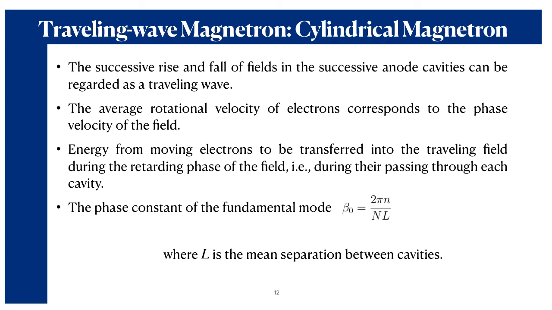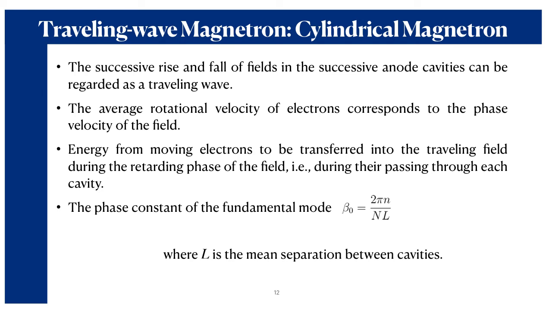Now, in this case, I have demonstrated the way to design the magnetron oscillator, but if you want to design the magnetron amplifier, then the energy from the moving electron must be transferred into the traveling field during the returning phase of the field, because in all of my previous discussion regarding the klystron and reflex klystron, we have seen that during the returning field, the moving electron transfers the maximum of its energy into the traveling field.